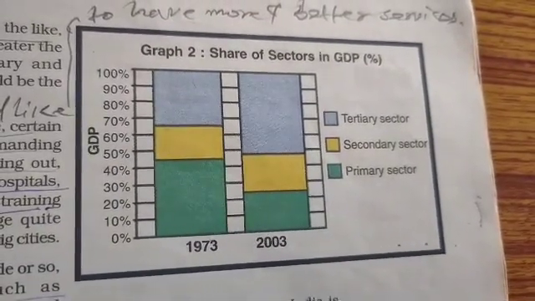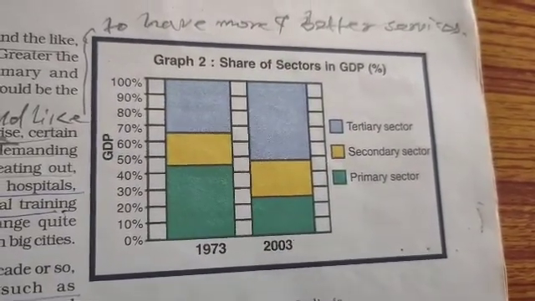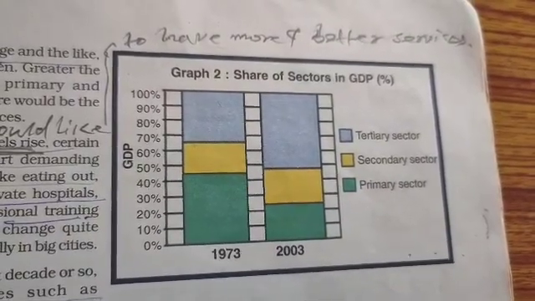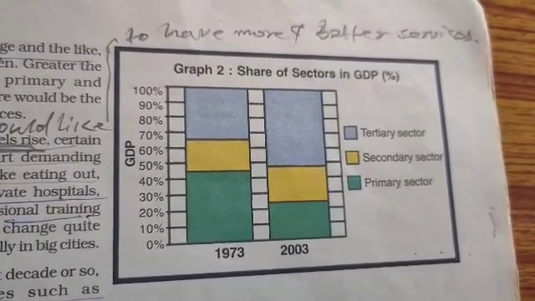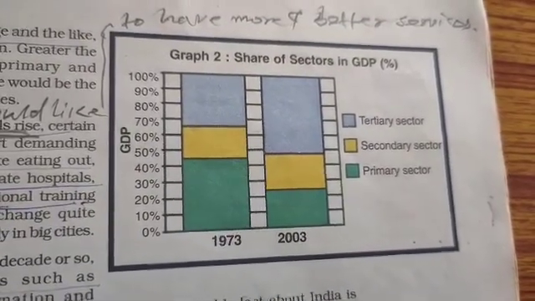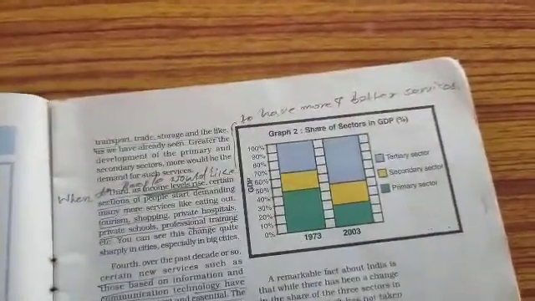Again, you can find the same information as we compared in figure number 1, the GDP by primary, secondary and tertiary sectors. Here also you can see that the shift to the tertiary sector is the maximum one.